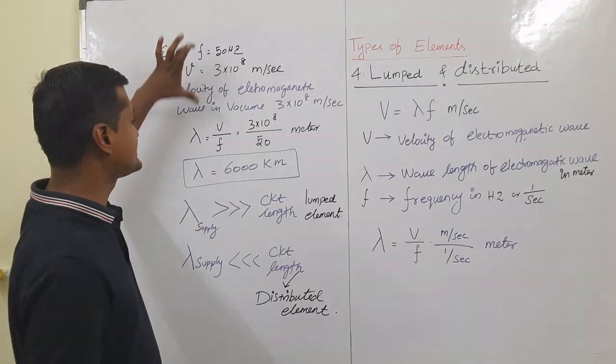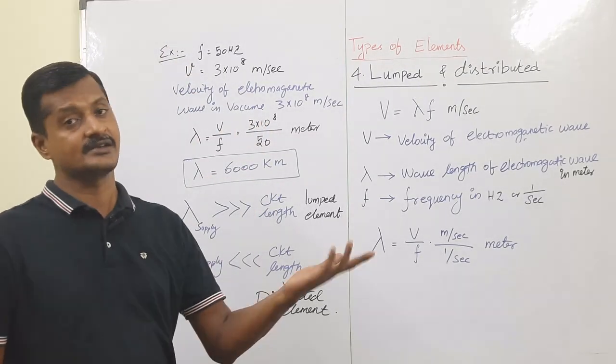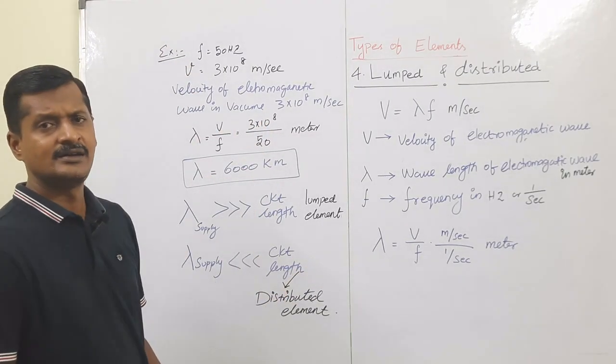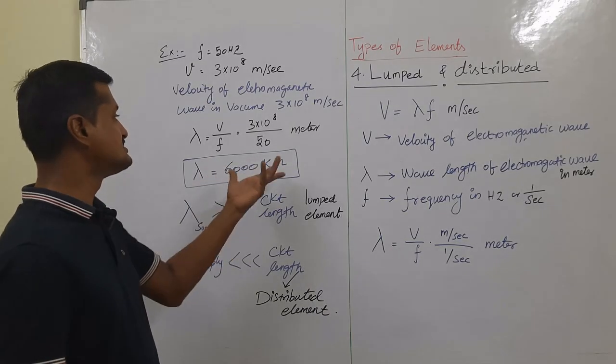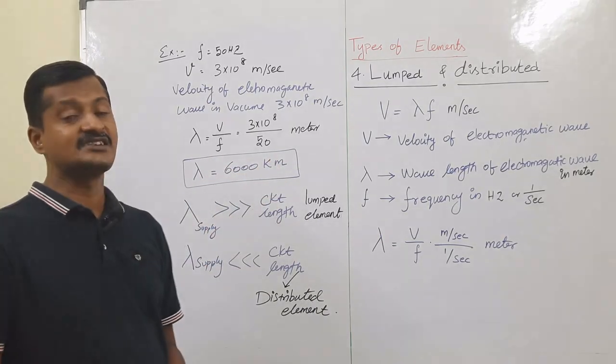In electrical, 600 meter length is a very long distance line, and based on the frequency it is applicable for transmission and distribution systems.